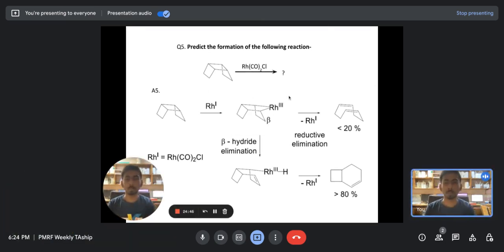So this compound can also undergo reductive elimination by the formation of this, but this is actually less than 20%.